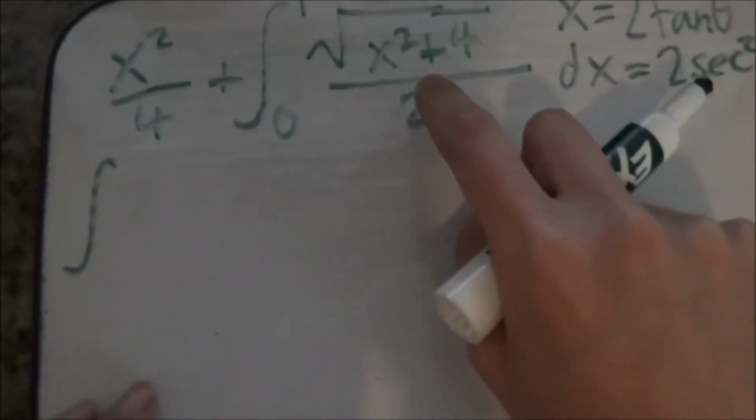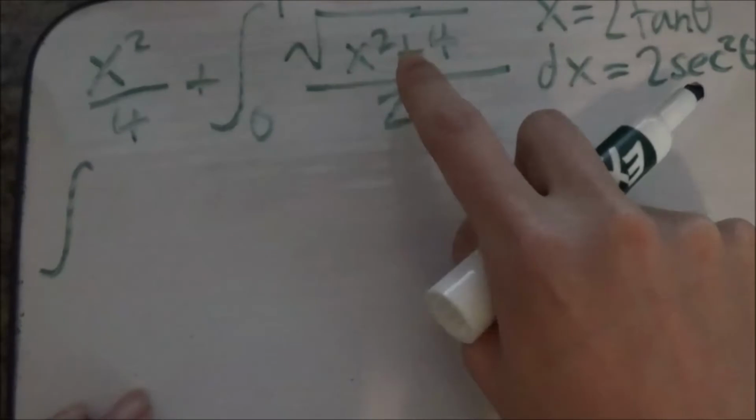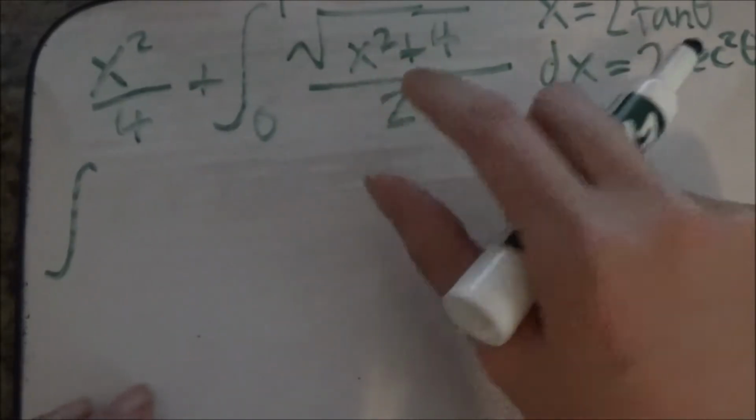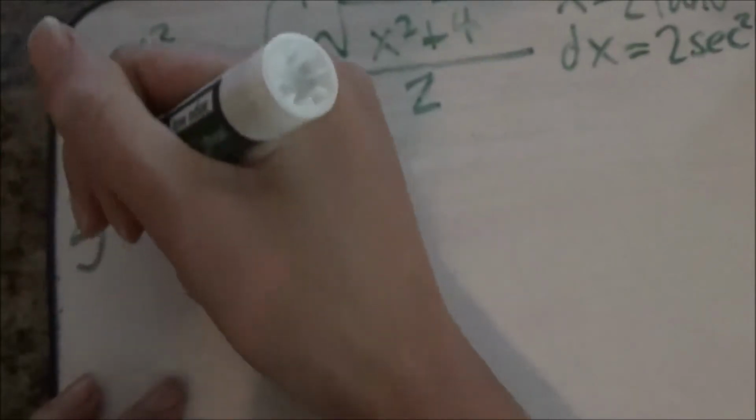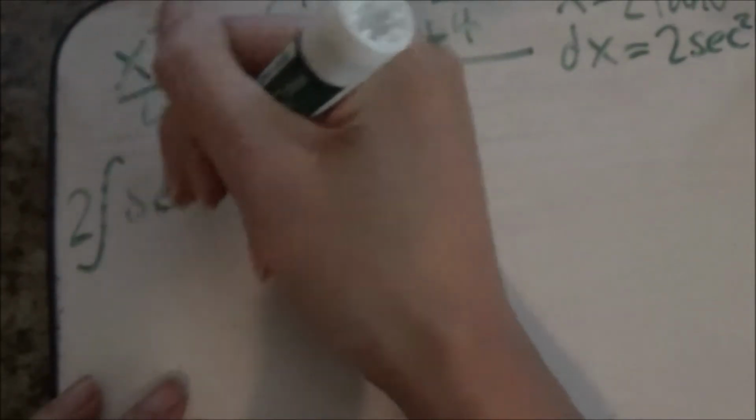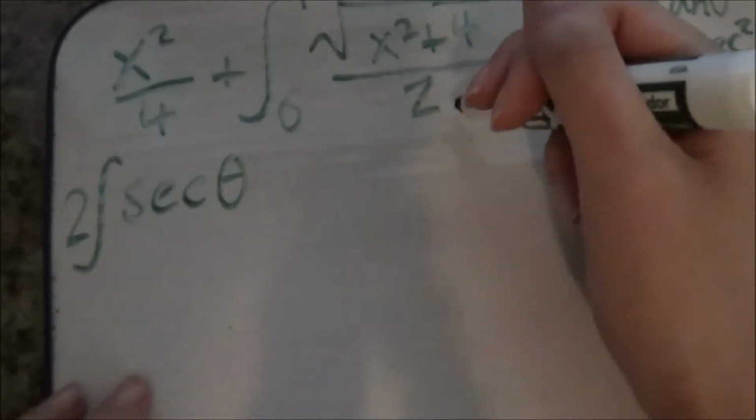So we know for sure this here, when we plug in tan theta, we're going to get 2, and then end up with secant theta. And then, oh, this 2 is here. This cancels. And we have a nasty integral, as you can see.